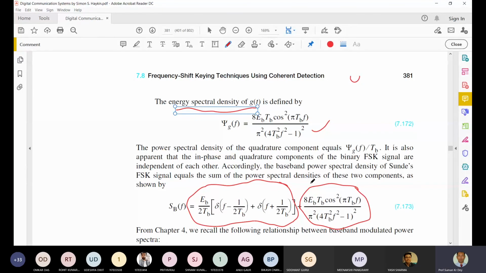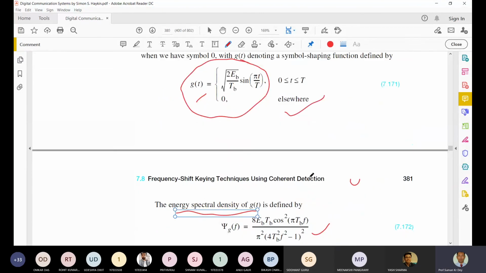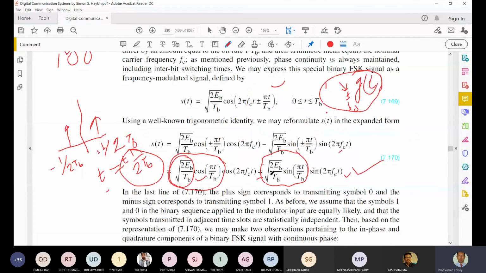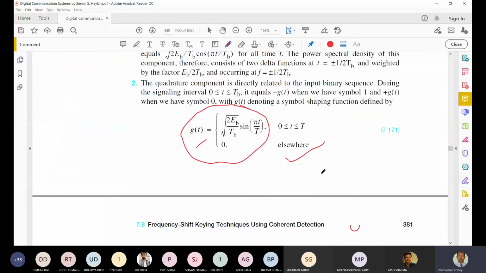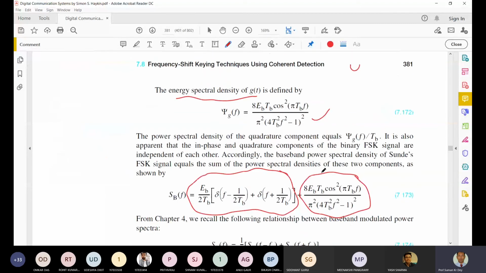We are adding these two components, because you see in this expression the two terms are added. So to get the overall power spectrum density, we can add the power spectrum densities of the two individual components. Okay.